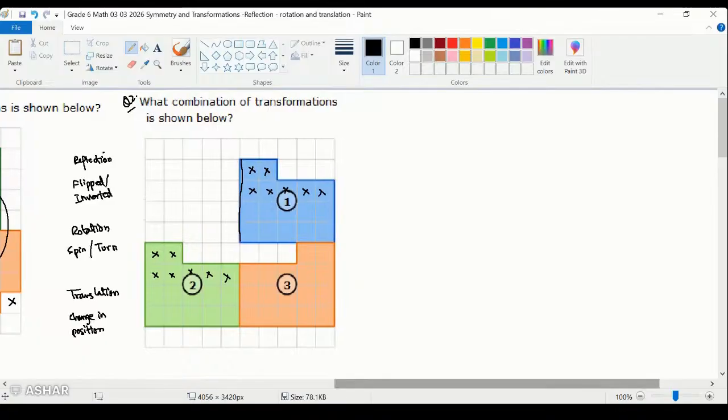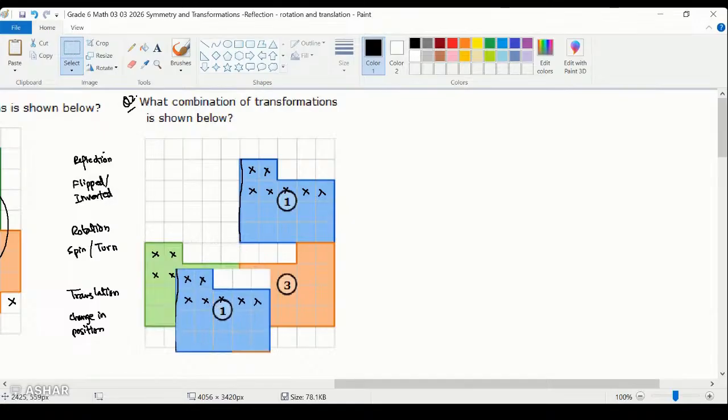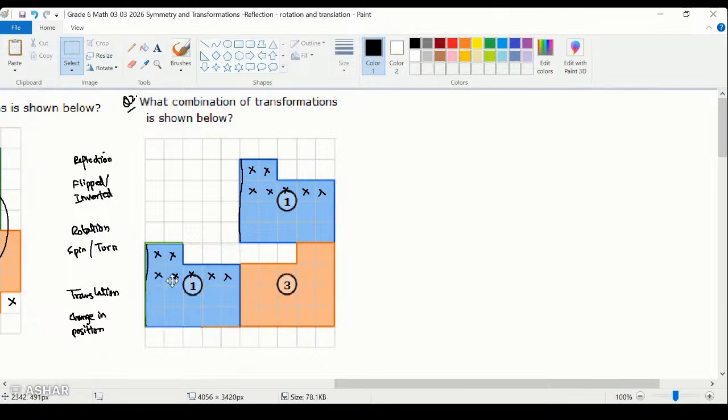So what is happening over here? From 1 to 2, what we can see is this shape is exactly moved onto this shape, right? Exactly movement. Do we agree?